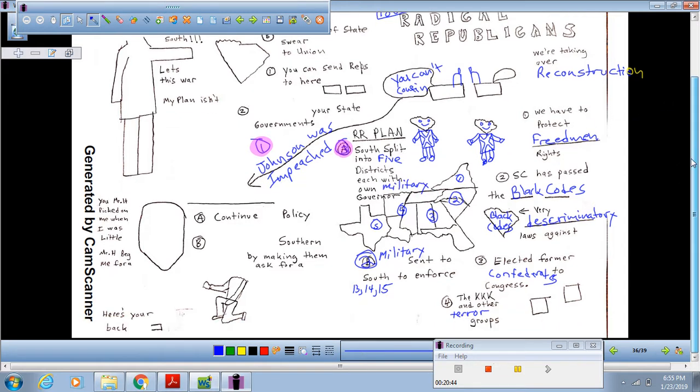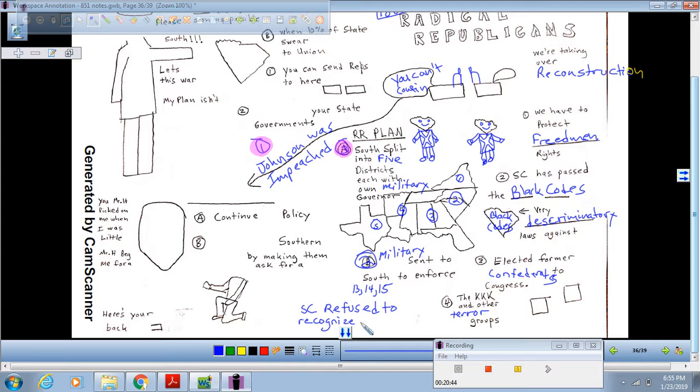As part of Reconstruction, South Carolina refused to recognize the 14th and 15th Amendments, so they were forced to write a new Constitution. Which we will visit in the PowerPoint here in a minute.